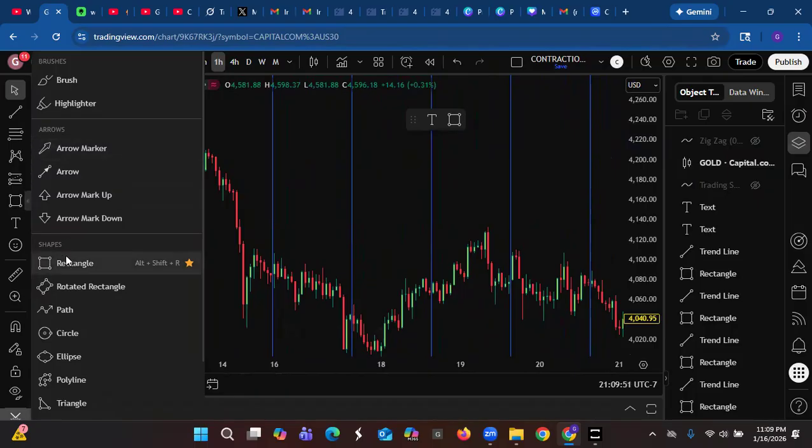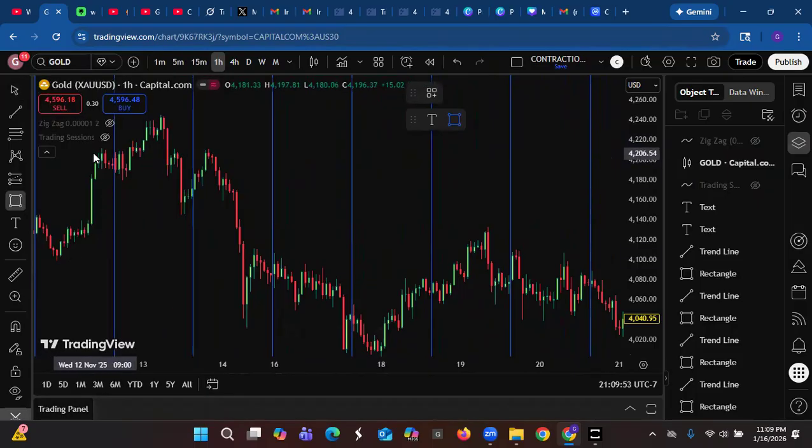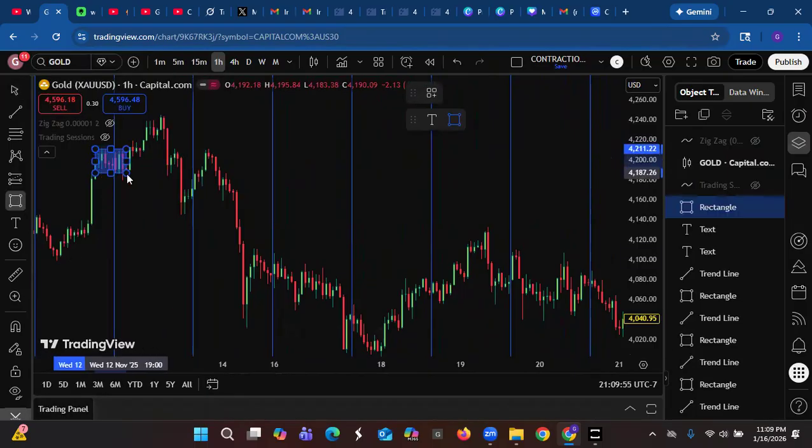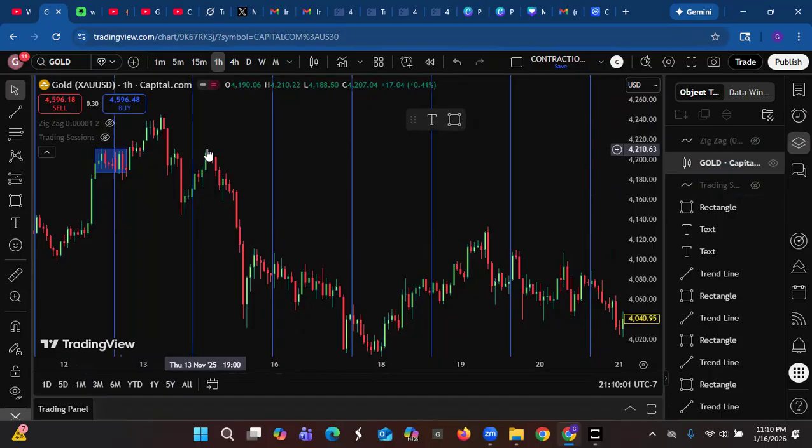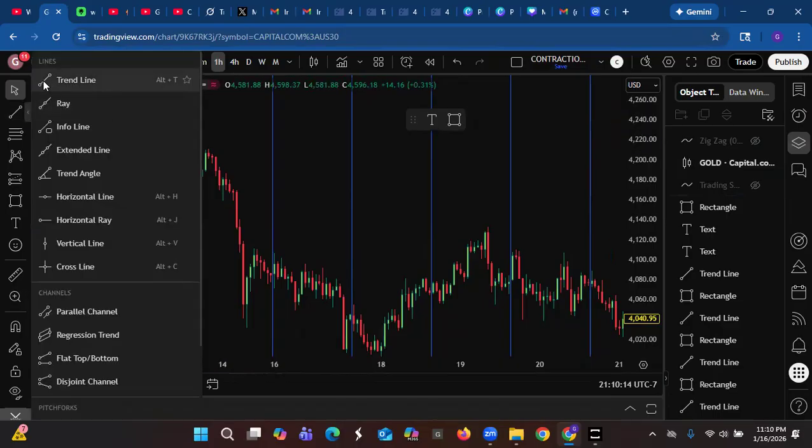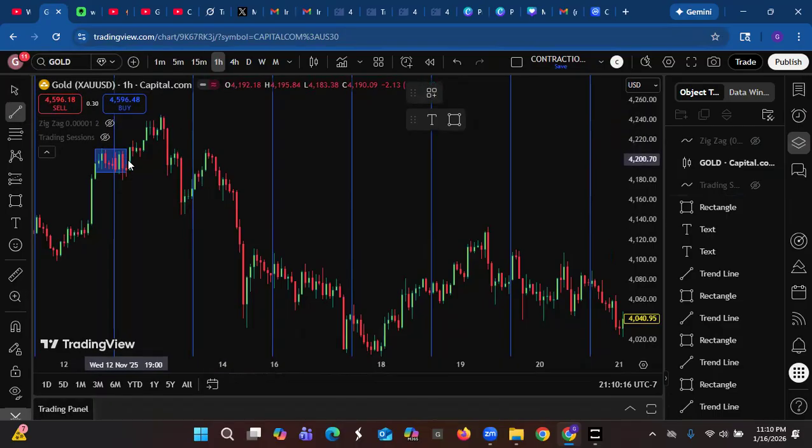I'm still in the process right now of training my eye to make sure that I'm seeing the contraction. So we got contraction, we got manipulation, right? The manipulation is pushing you back up, making you think we're going for highs when really, when you look at that box and you bring it out, we broke out below it, pushing back above. Put that value line right in the center of that contraction box, and then you just rinse and you repeat.